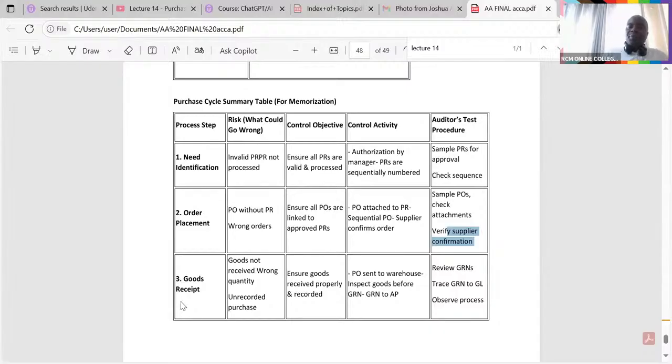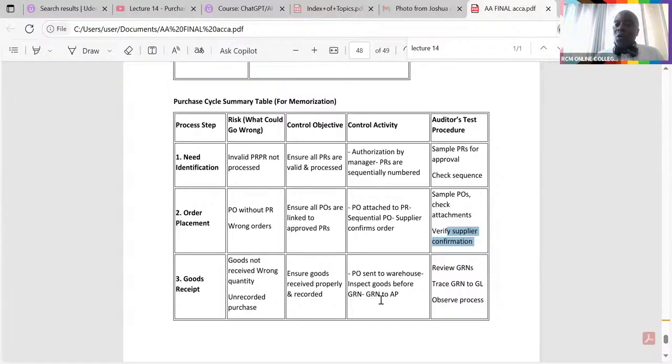Goods received. What could go wrong here? Goods not received. Another risk here is wrong quantity and recorded purchase. The objective here is to ensure goods received properly and recorded. All right. Then what is the control activity? PO is sent to the warehouse. Inspect goods before goods received note is given.